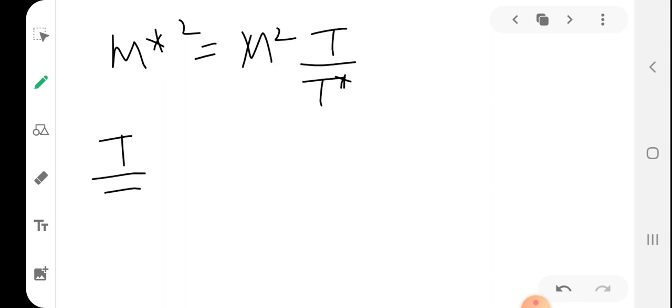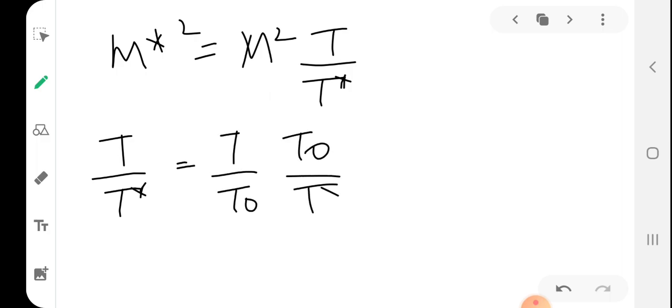So students, T by T star is nothing but T by T0 into T0 by T star, right?